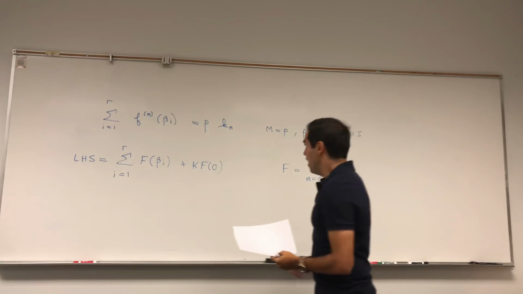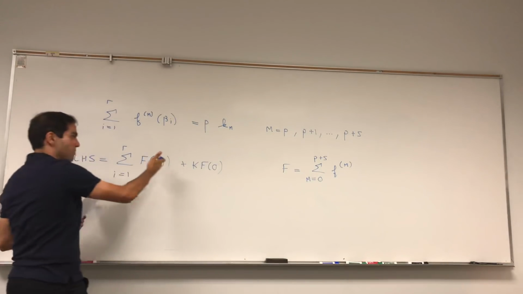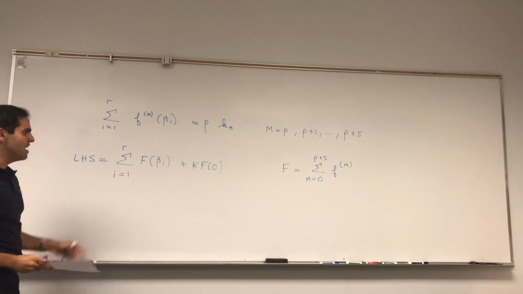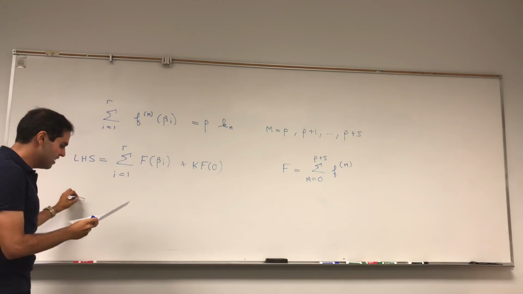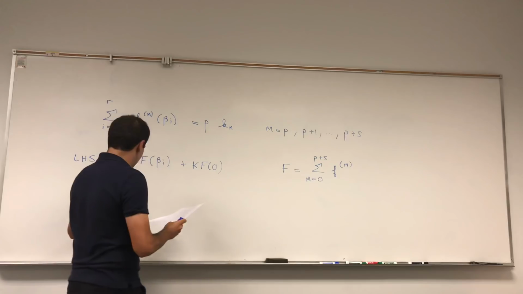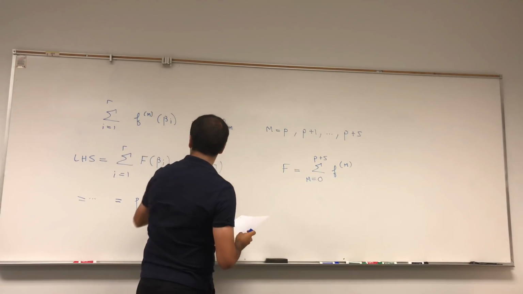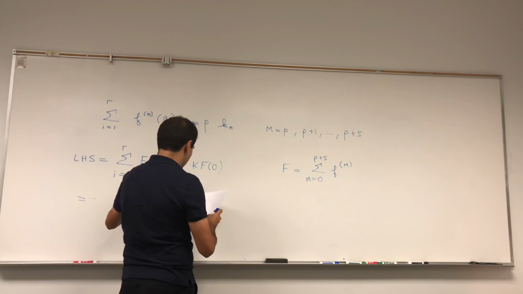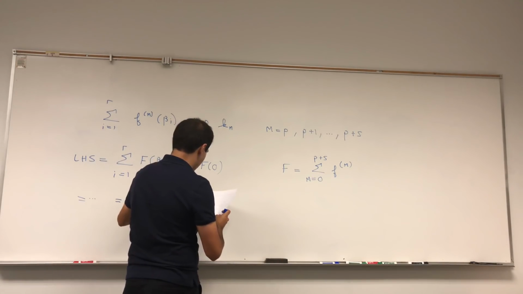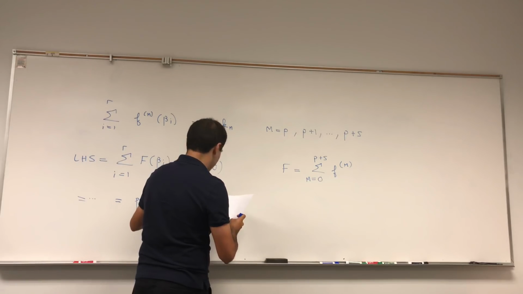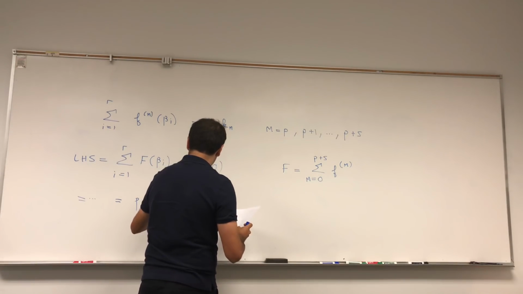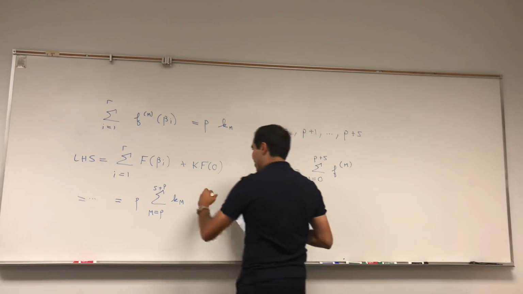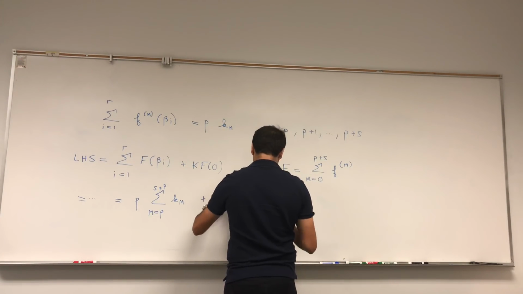So if you just replace F by the sum and you interchange the summation, it turns out at the end, you just have p times the sum of k m, m from p to s plus p, k m. Because all the other terms are 0, and remember you still have the term k f of 0.